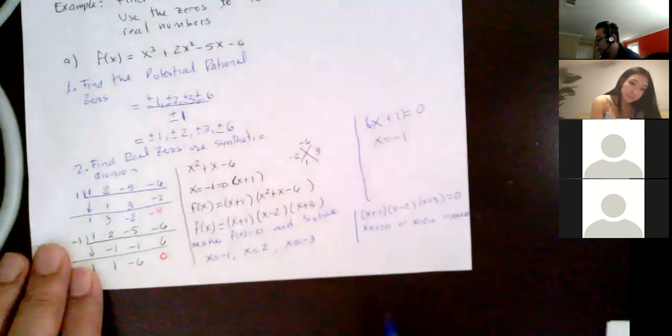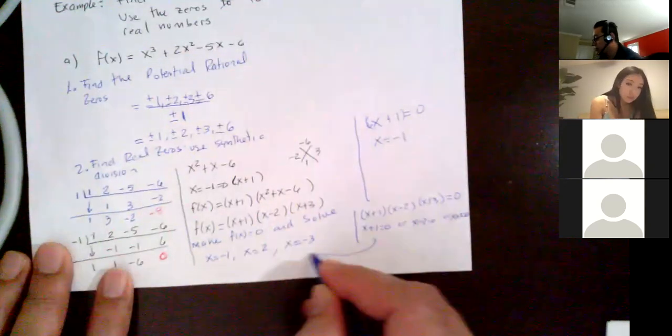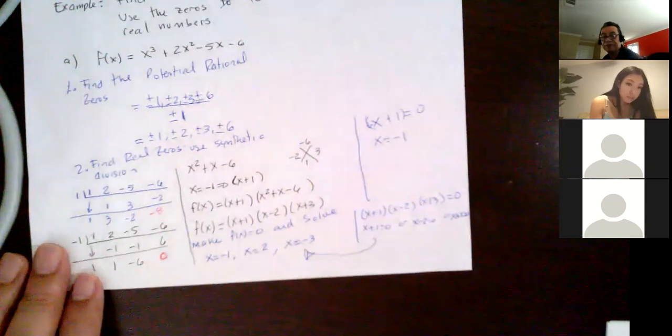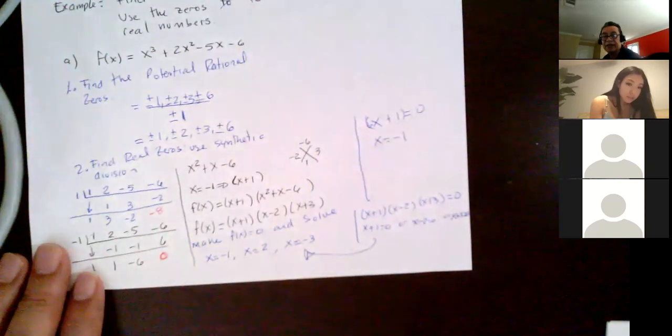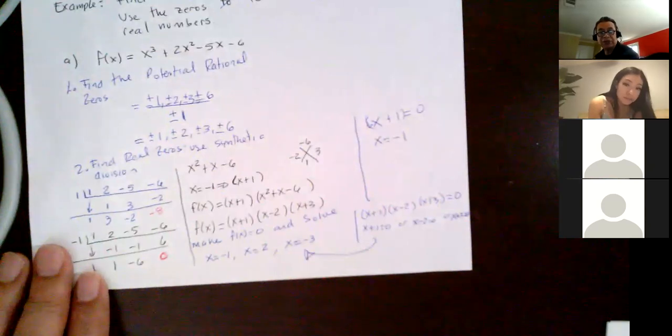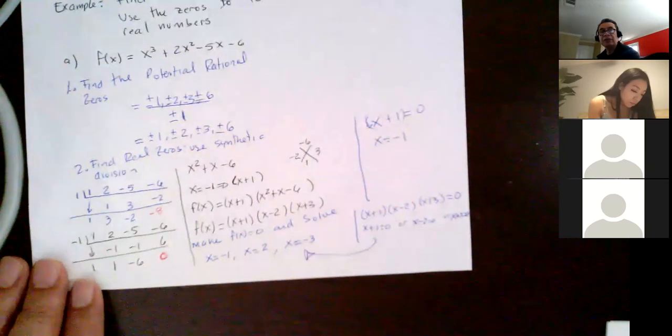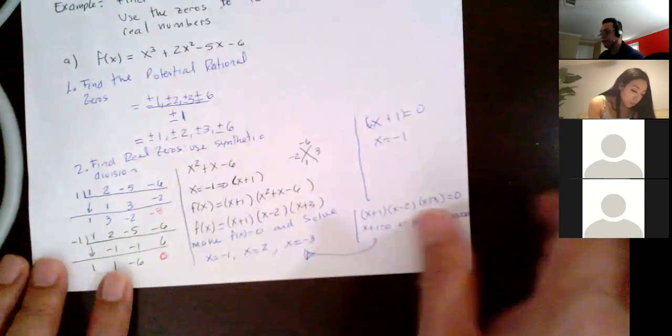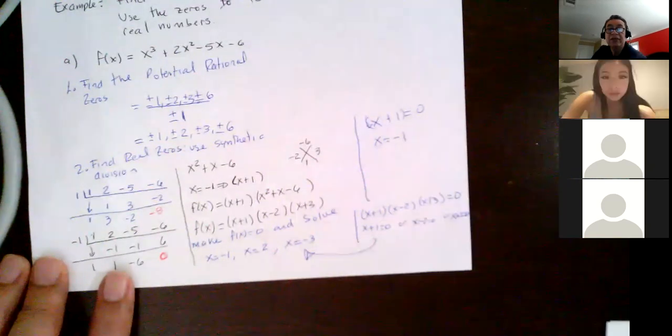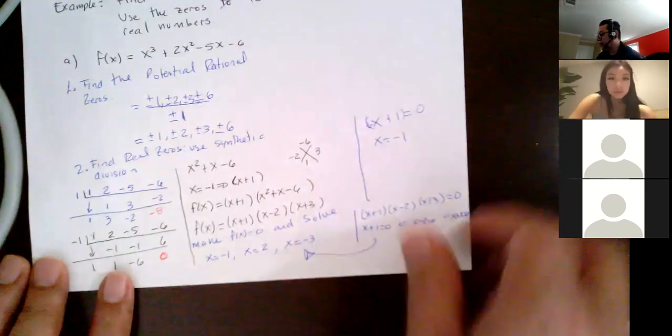Then we solve for x, and that's how we got these solutions. Good question. So that would be the solution. Notice how we're using synthetic division to factor polynomials of degree more than 3, right? Let's continue with that.